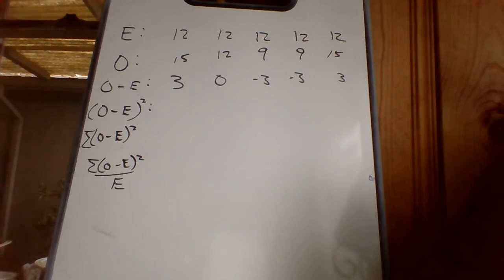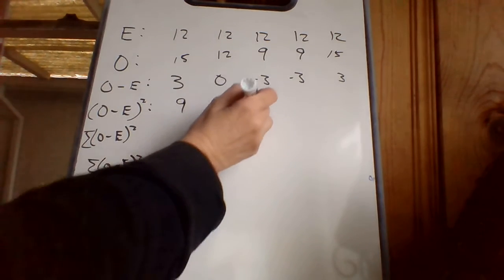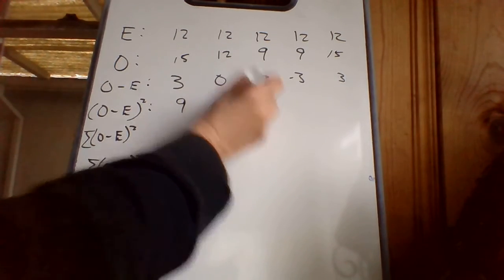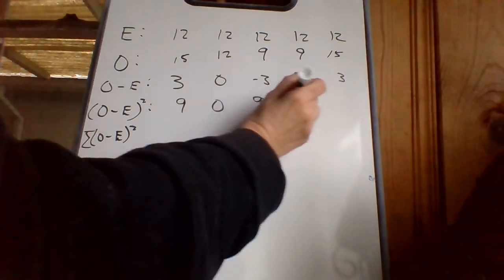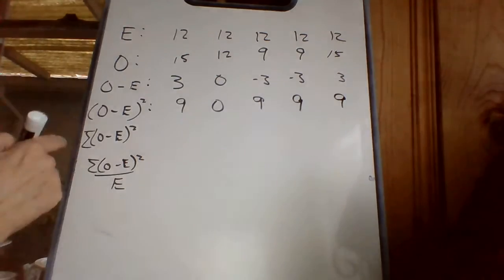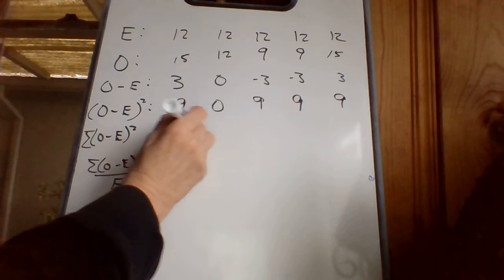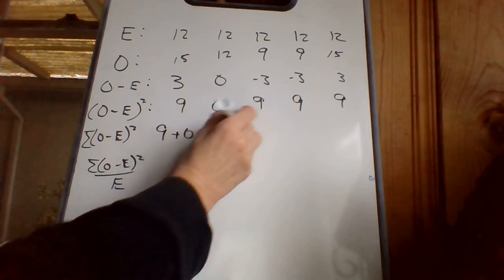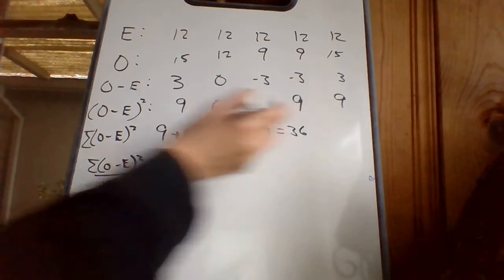Observed minus expected squared. 3 squared is 9, 0 squared is 0. Negative 3 squared is positive 9. Anytime you square a negative, you get a positive. Negative 3 squared is 9, 3 squared is 9. Then it says add up all of those numbers: 9 plus 0 plus 9 plus 9 plus 9, 36.